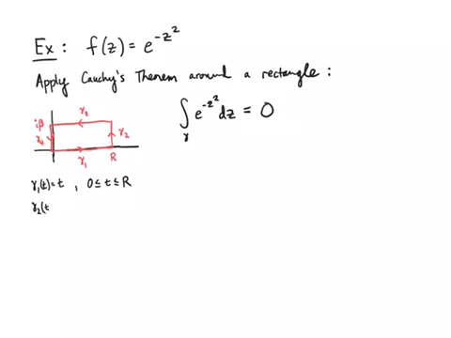Gamma 2 of t, well, our curve starts at r, and then it increases purely vertically. So we add on some imaginary part, and that imaginary part is going between 0 and beta.